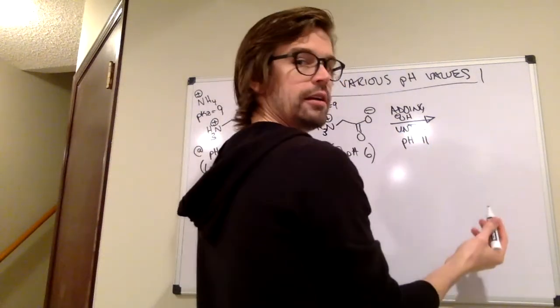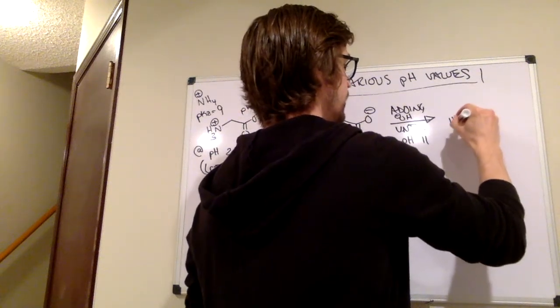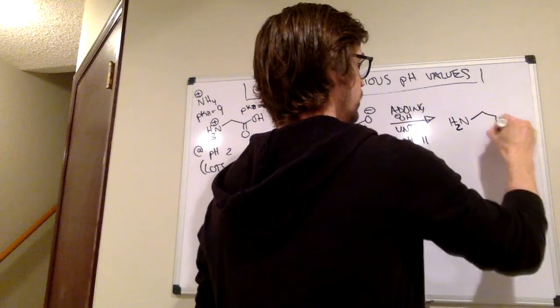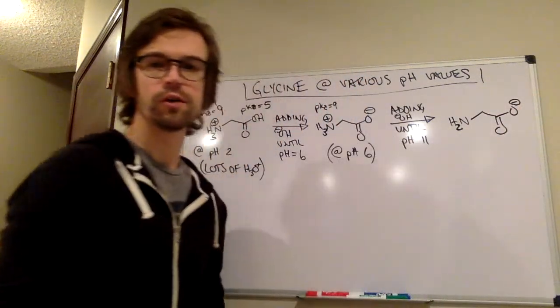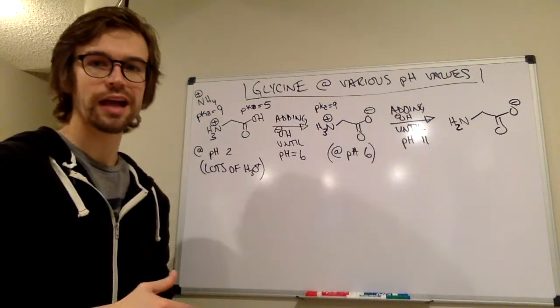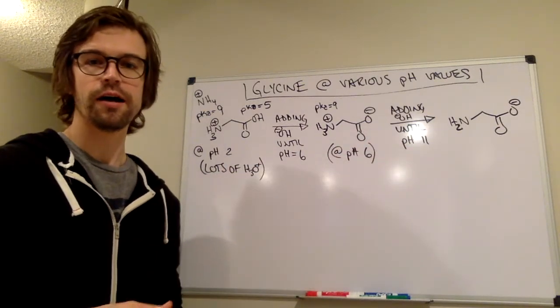And at that point, the amino acid would look like this: NH2 and the deprotonated carboxylic acid. We can kind of look at it like that with how pH relates to pKa.